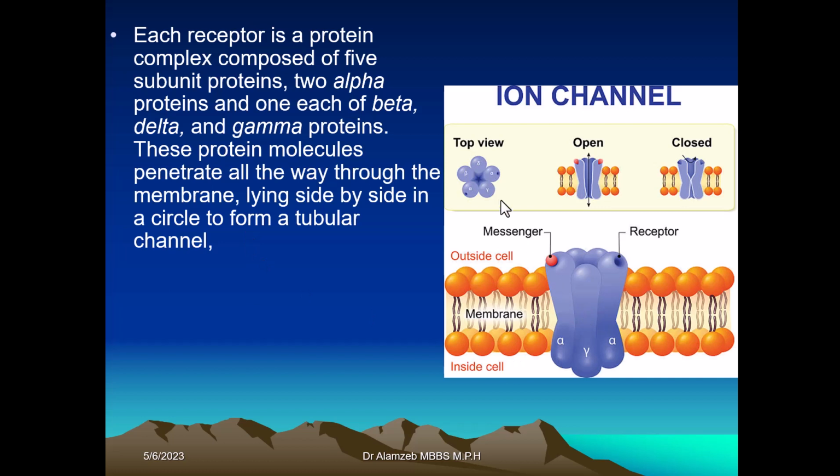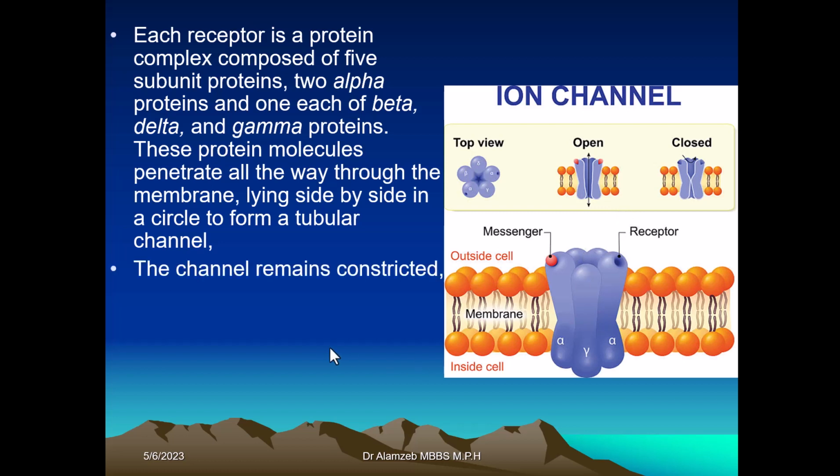Here you can see these 5 proteins: 2 alpha, beta, delta and gamma. They are arranged in such a way that they make a barrel-like structure.